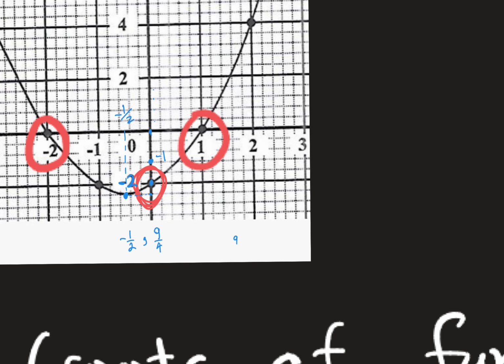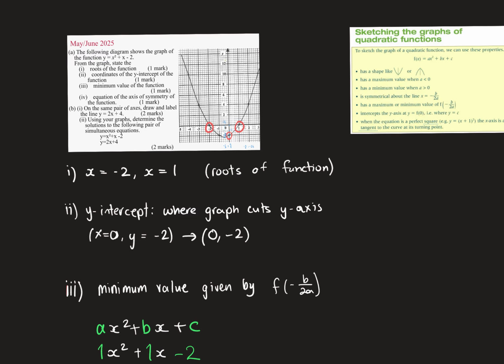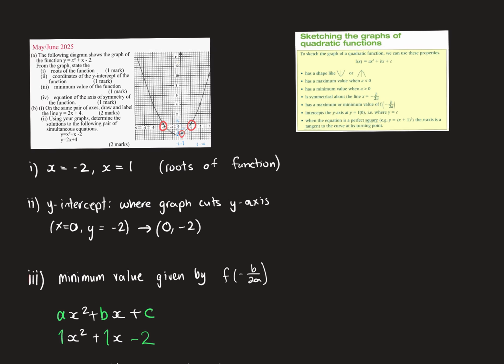Of course, you know that 9 over 4 is the same thing as 2 1/4. So minus 9 over 4 is minus 2 1/4. That's the minimum value of the function.